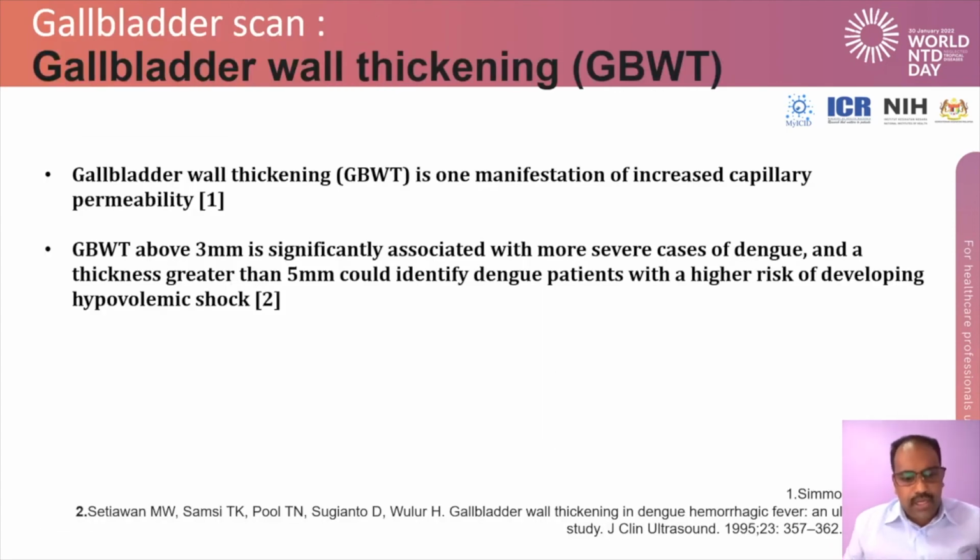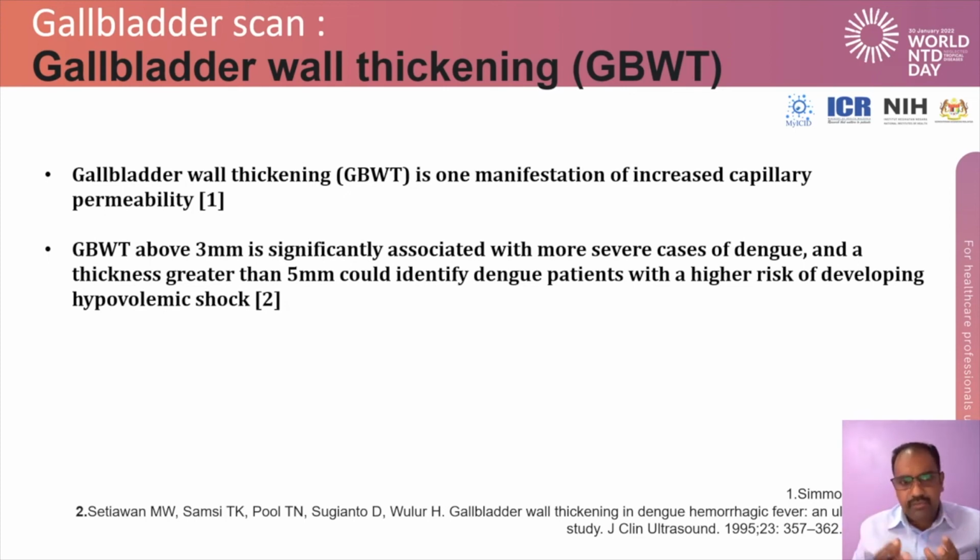So now we are coming to our last part of our presentation, gallbladder wall thickening. This gallbladder wall thickening is a very good manifestation, which is very significant to show the increased capillary permeability state.